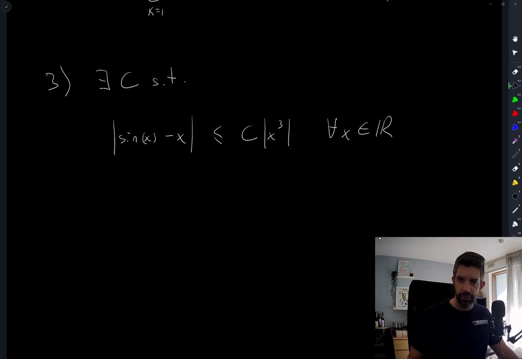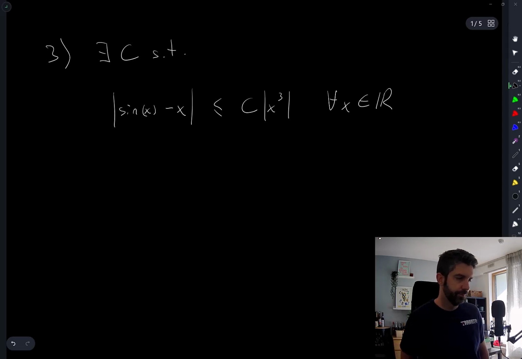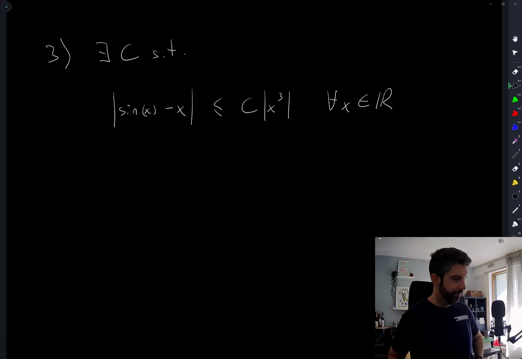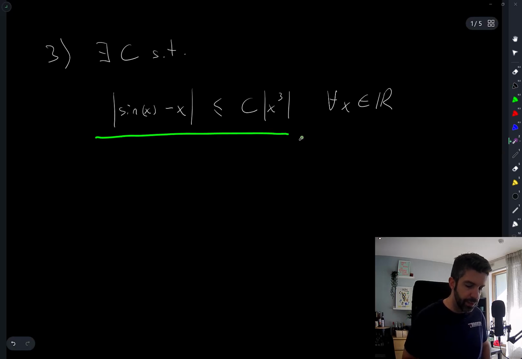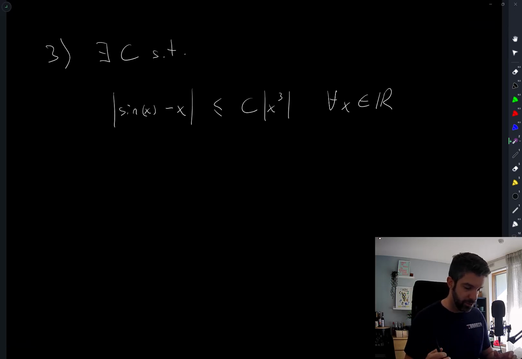Yeah, this is false because sine x minus x is clearly alluding to the Taylor expansion of sine x, or the Maclaurin expansion around 0, which is a power series that starts with x, and the next term is a power of x to the 3, and then it's x to the 5, and so on.